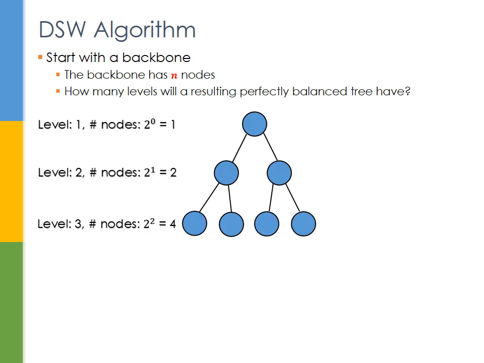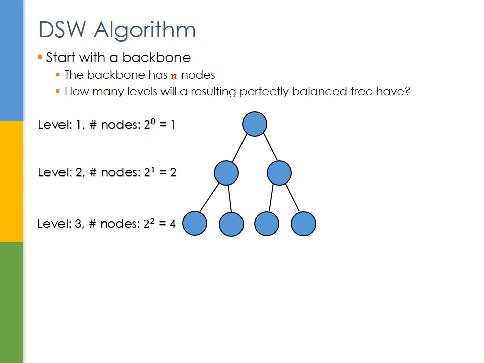So let's look at a perfectly balanced tree of height 3 over here, and we can see that we have a varying number of nodes at each level. We can see that at the root level we have 1 node, which is 2 to the power of 0.